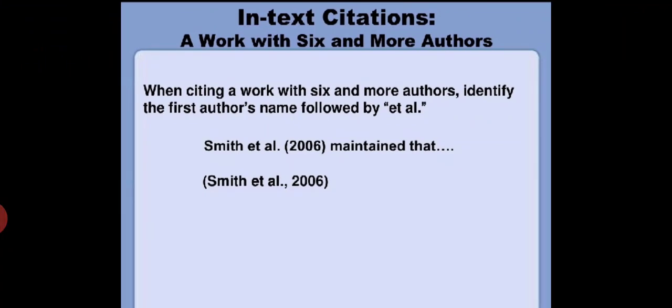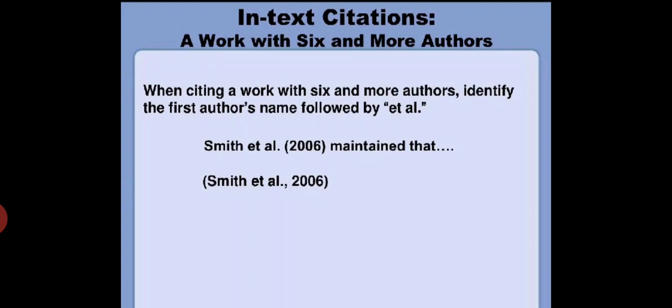In-text citation, a work with 6 or more authors. What would you do when you have to cite a work that is written by 6 or more authors? When citing a work with 6 or more authors, identify the first author's name followed by et al. You would not use all 6 names of the authors.